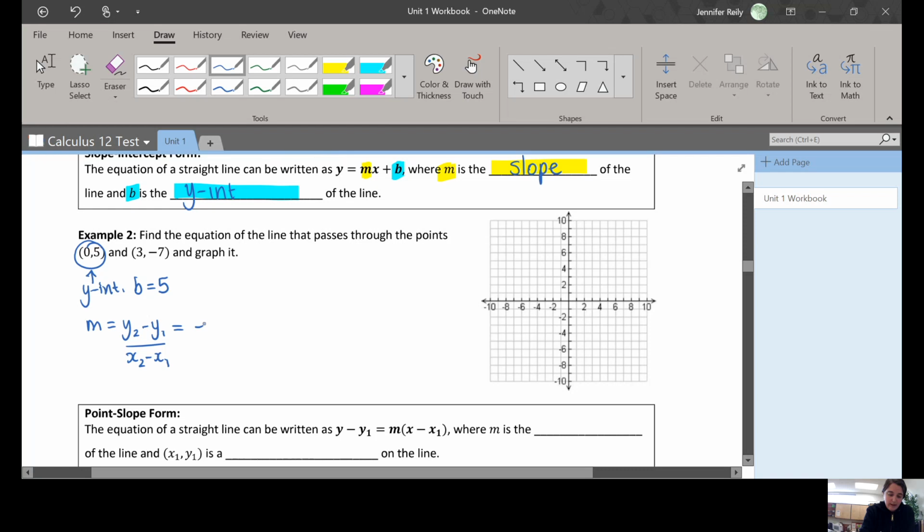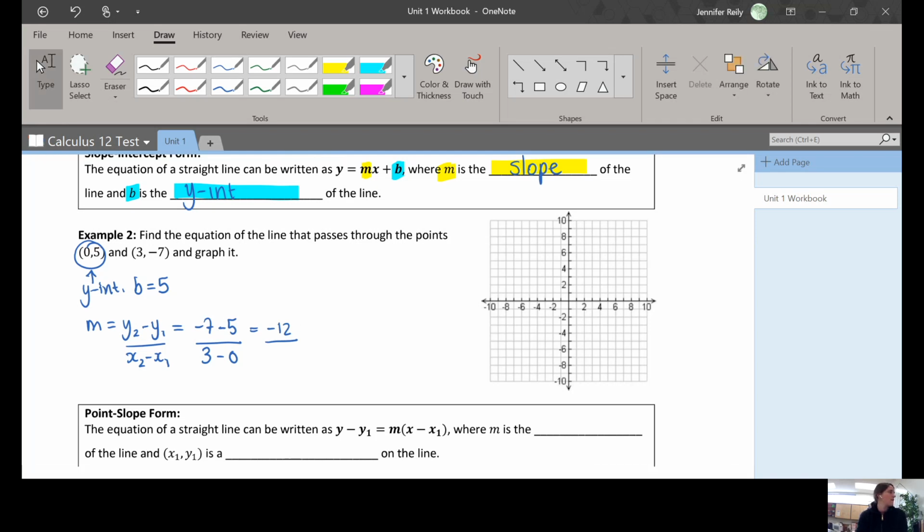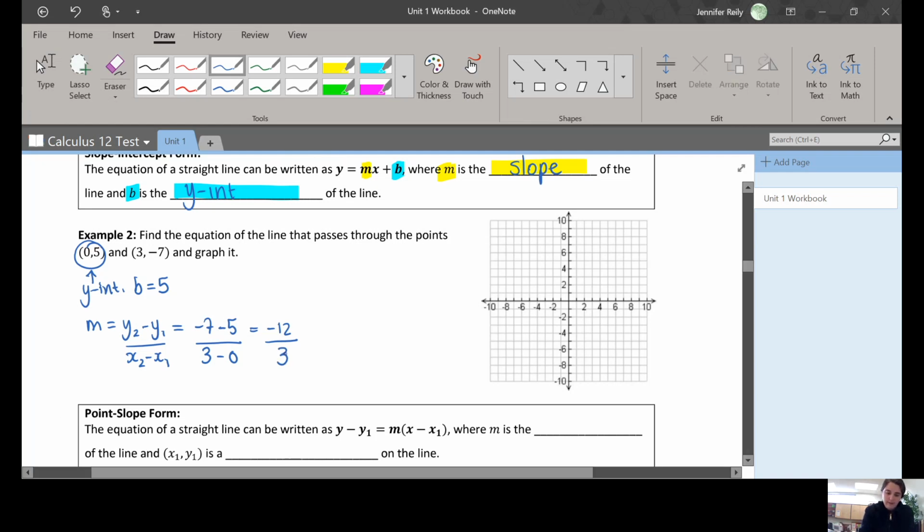So y2 is negative 7, y1 is 5. Again, you can do it in the opposite order, it doesn't matter. 3 minus 0. Negative 7 minus 5 is negative 12, and 3 minus 0 is 3.